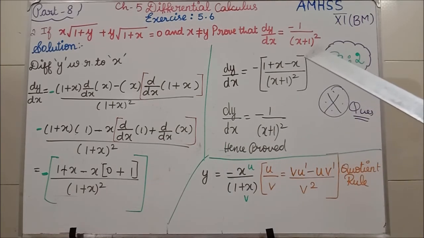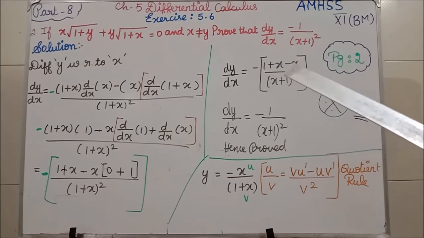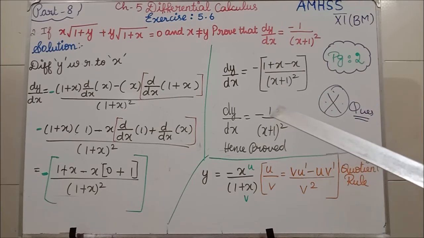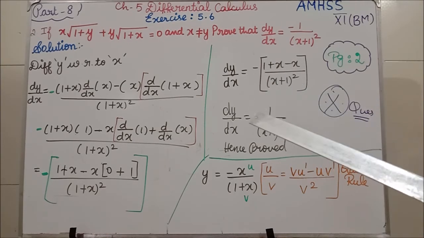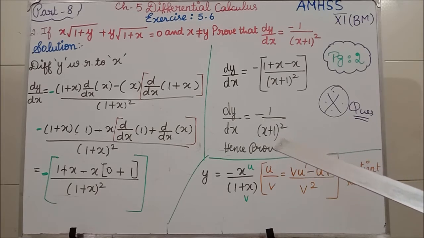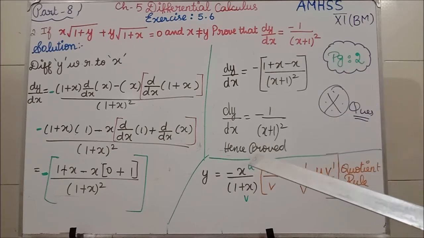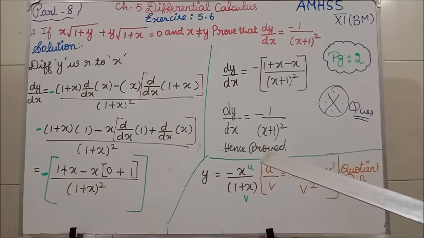So in the question we are having x plus 1 the whole square. So I have written here x plus 1 the whole square. Now if you cancel minus x and plus x, we will get in the numerator 1, with the minus outside. So this is minus 1 divided by x plus 1 the whole square. That only we have to prove, isn't it? So you write the last line, hence proved.